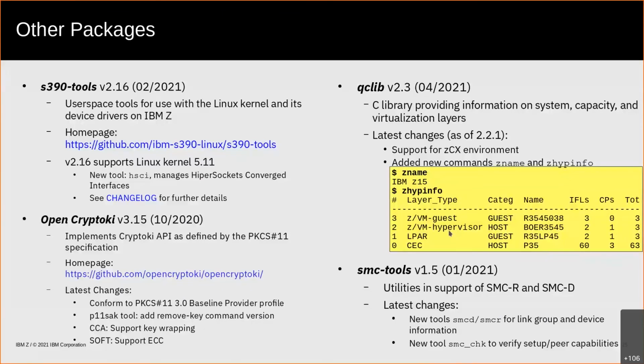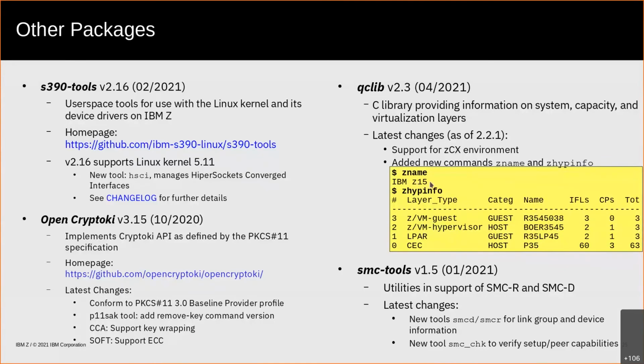For instance, if you're in a CVM guest, it will give you a brief output indicating where you're actually running. Is CVM, for instance, a second level hypervisor? Are you in LPAR, or are you running somewhere else? All of that information is printed here, and it also gives you some coarse counts of CPUs that are available in the different layers.